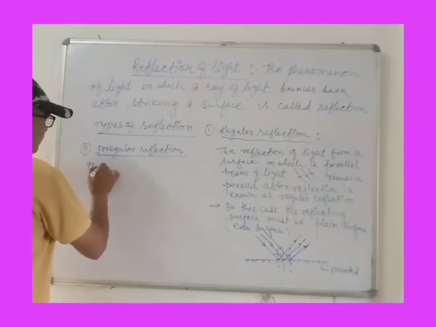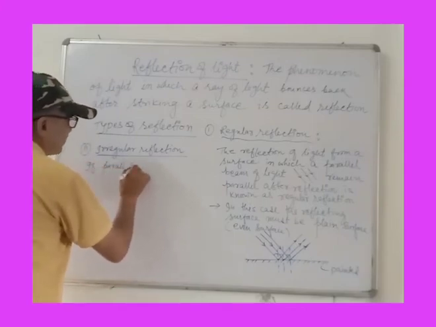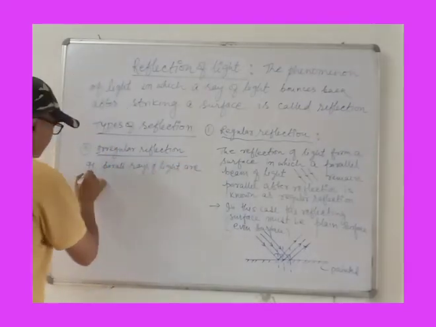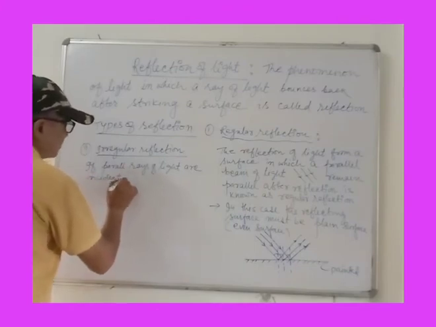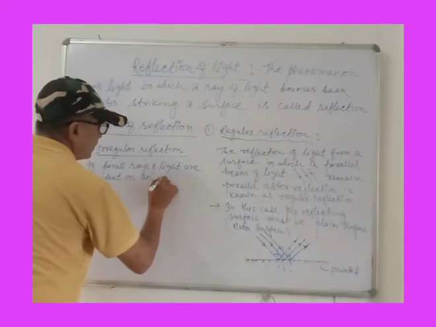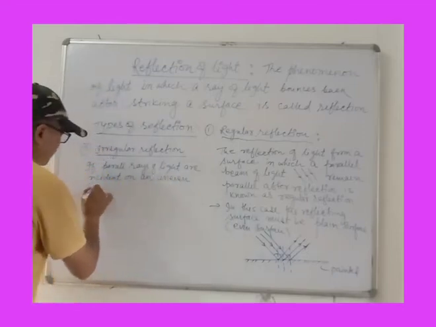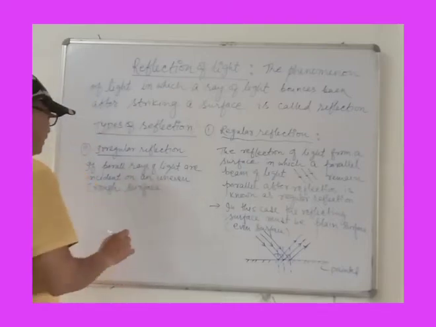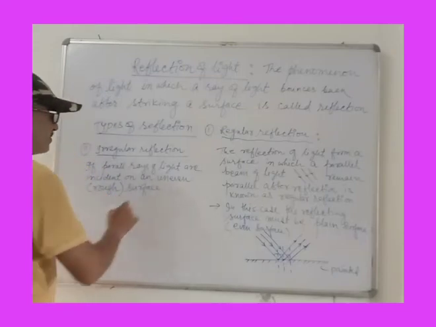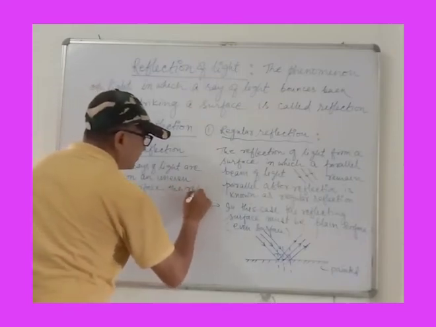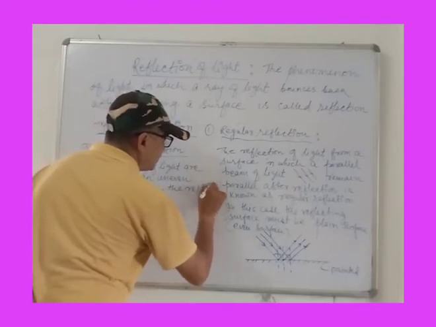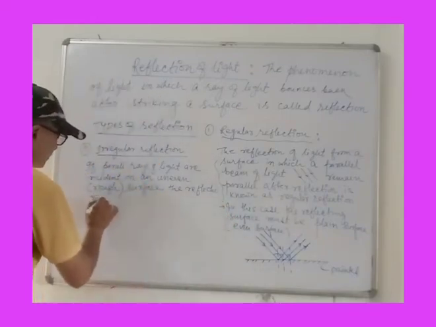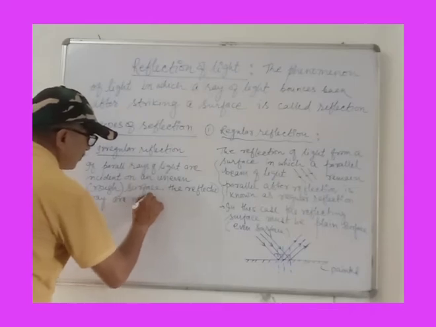If parallel rays of light are incident on an uneven, that means rough, surface, uneven surface, the reflected rays are not parallel.